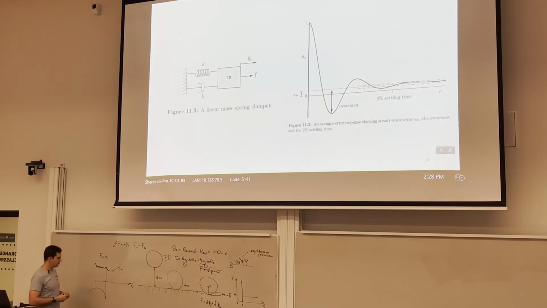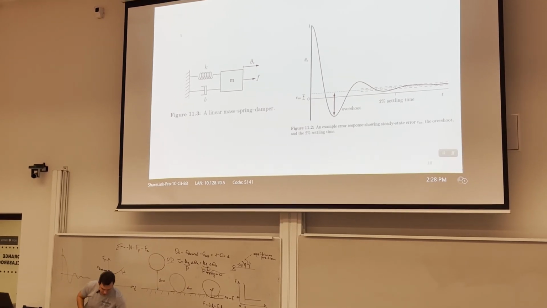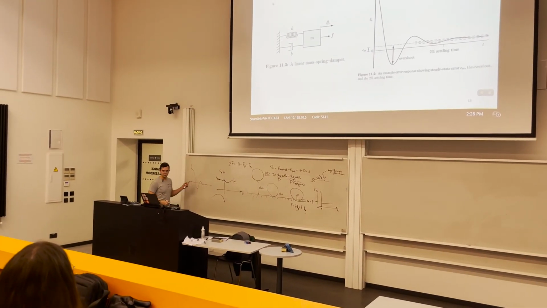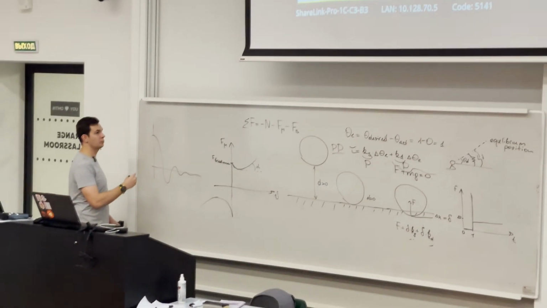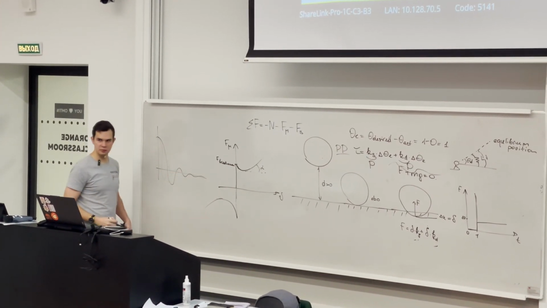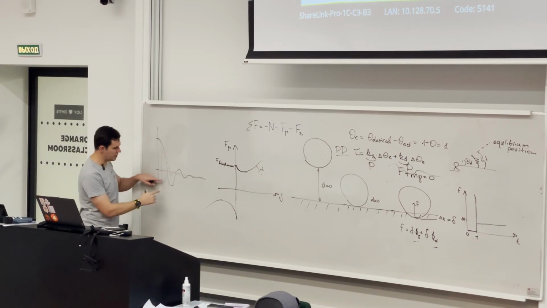It means that let's assume that we have this kind of response. If we increase the proportional coefficient, it will be like this. Maybe the overshooting will be bigger.